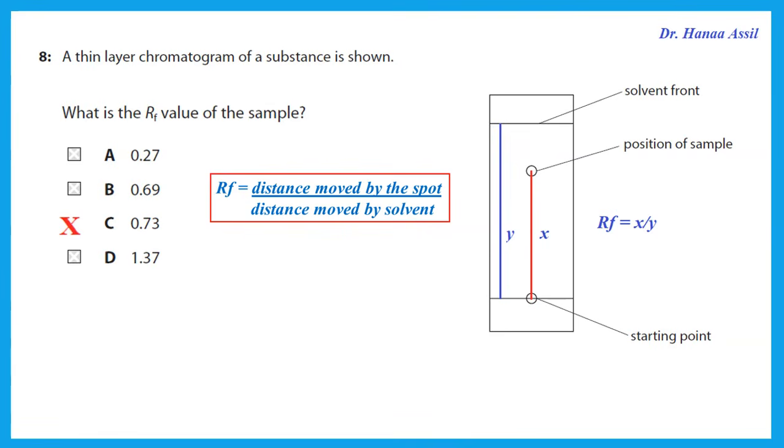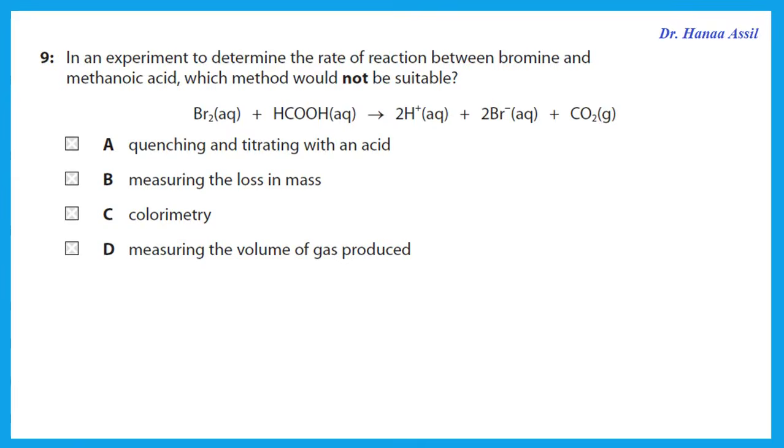Remember that Rf values can never be more than 1, so D is totally wrong. 0.27 would be way near the baseline, just 1/4 of the way up. 0.69 would be lower than that point, so just by estimation it is 0.73. If not, use a ruler and calculate it.